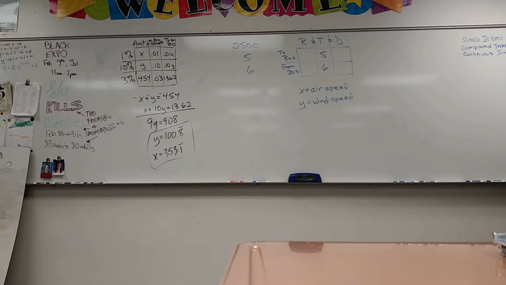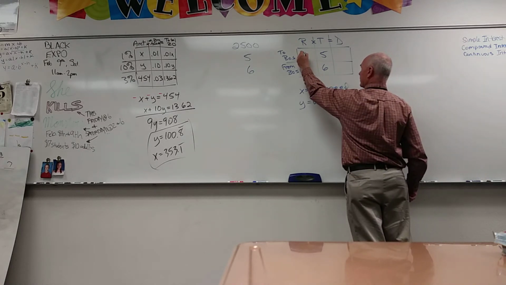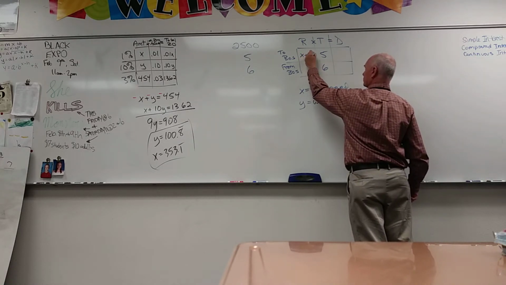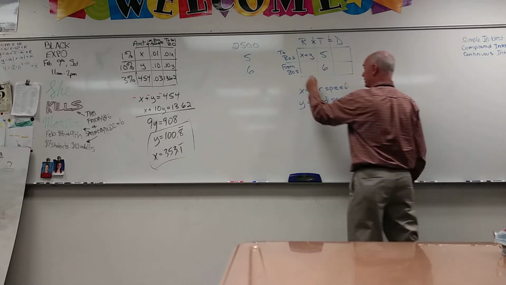If the airspeed of the plane is x, and the speed of the wind is y, then what is the rate going to Boston? The wind is pushing you, basically. The wind is going to make you go faster. So, to Boston, the rate will be x plus y. Coming home, your rate will be x minus y.